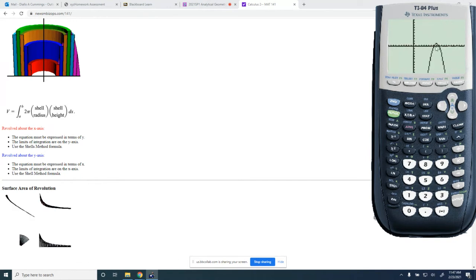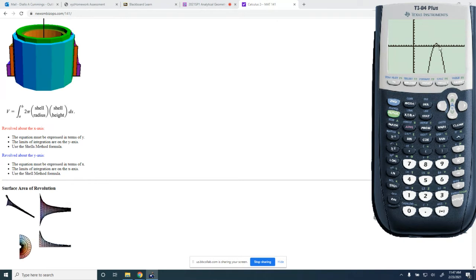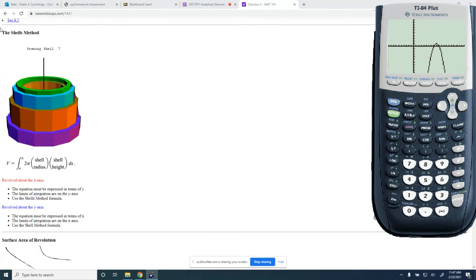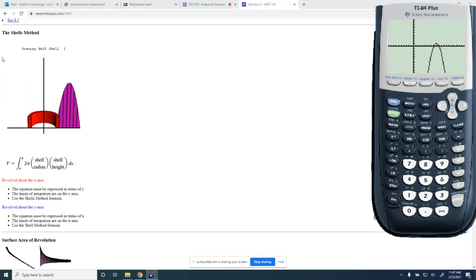Right, so if we look back at our graph, our limits of integration are from here to here. Okay, so we're going to figure those out. So we're going to use the shell method.